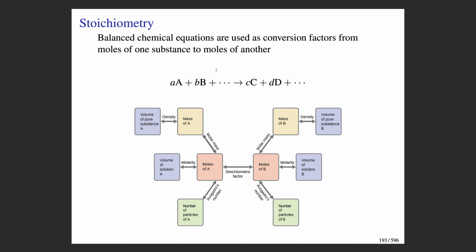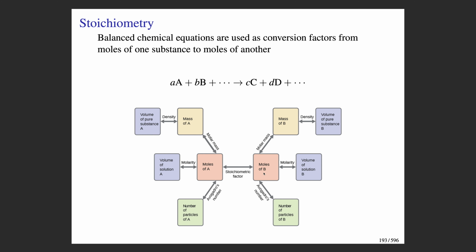Okay, and that conversion factor works on the mole level. So moles of species A here to moles of species B, using these coefficients to convert from one to the other. Okay, so that's the heart of any stoichiometric problem.